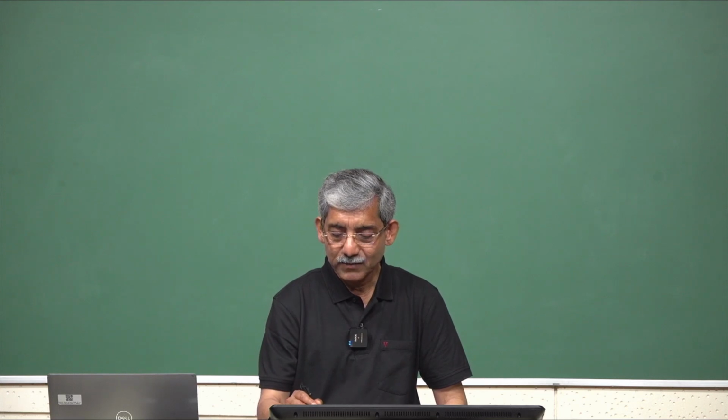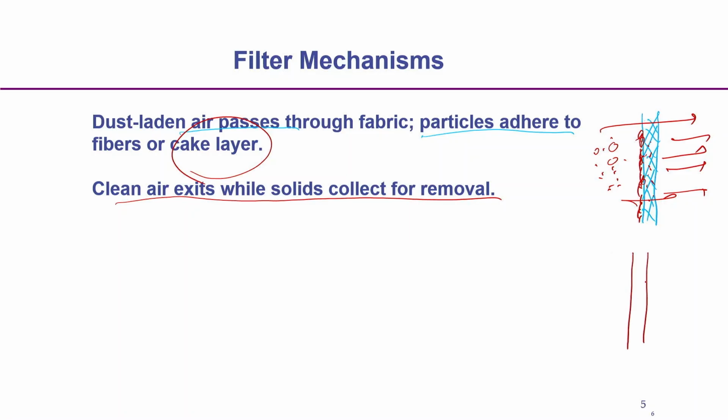So, the sieving process is that one medium is there with a defined pore size, and particles of different sizes are there, and here the particles smaller than this pore size will get through the medium and the larger particles will be separated. This process is typically called the sieving process, and filtration is different.